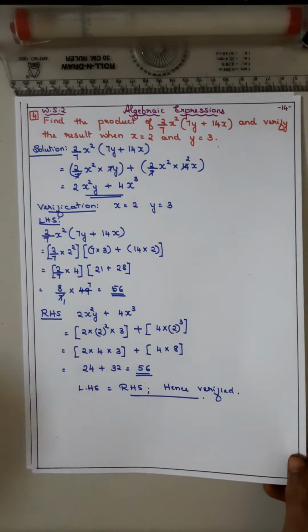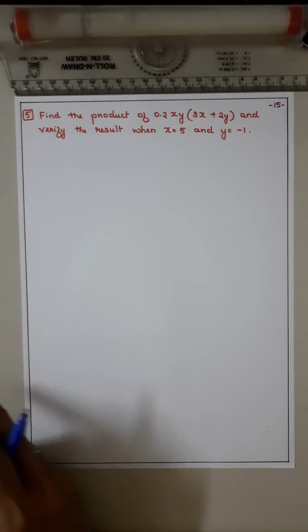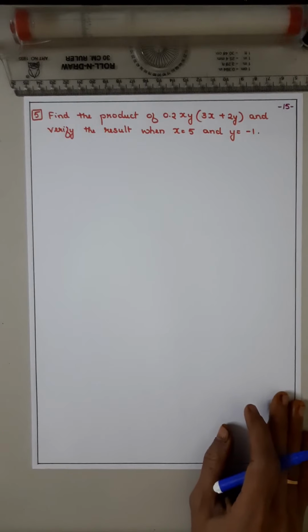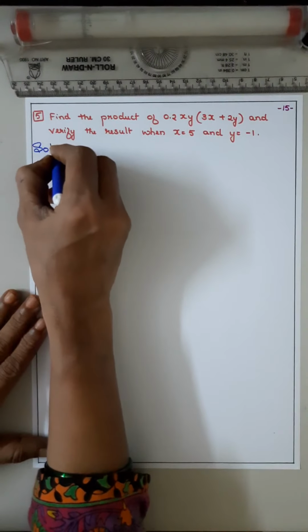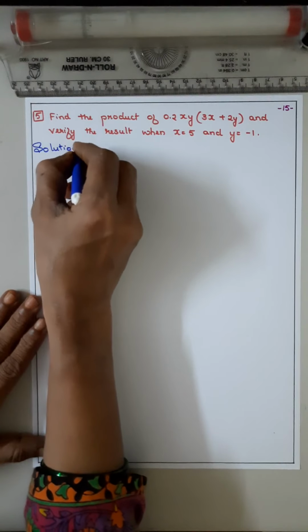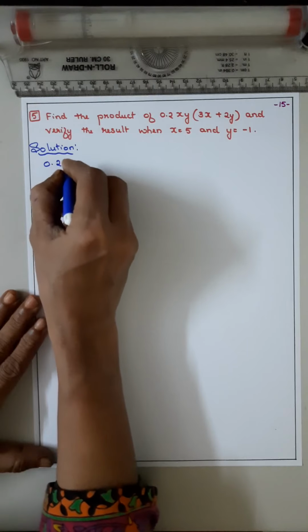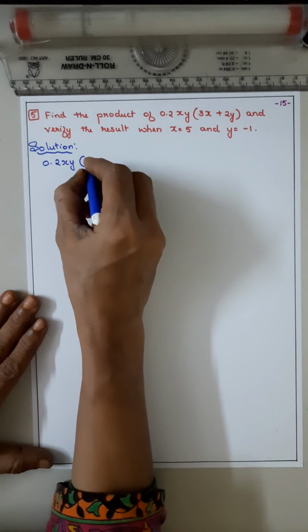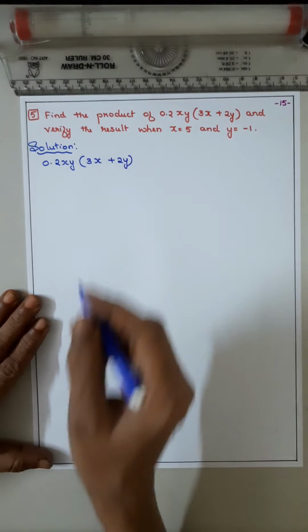Now coming to question number 5. Again, it is a verification, isn't it? Find the product of 0.2xy (3x + 2y).